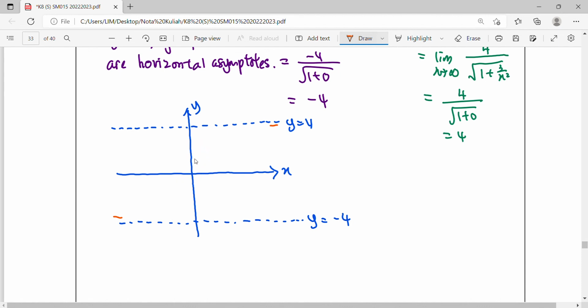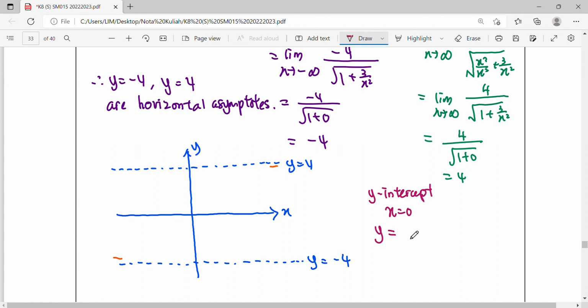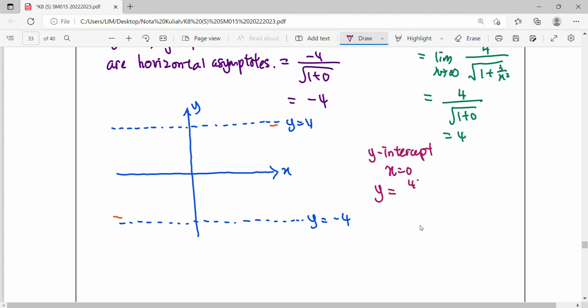So this graph will intersect your x-axis and y-axis. So we figure out the x and y intercepts. The y-intercept will occur when x equals 0. So what's your answer? Substitute x = 0, 4 times 0 over square root of 0 plus 3, 0 over 3, it will be 0. So the intersection here occurs at the origin.